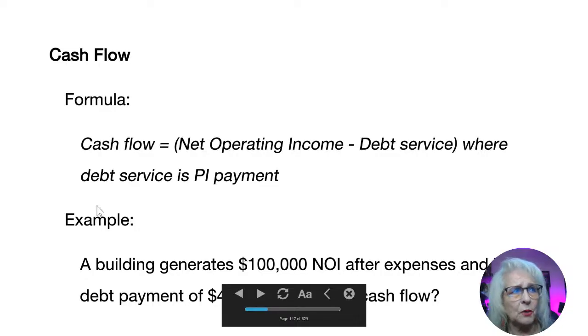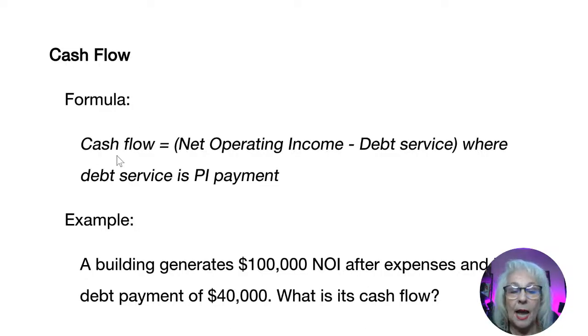Okay, cash flow formula. Cash flow is how much money they're cashing in every month. It equals net operating income minus their debt service, where their debt service is PI, principal and interest.